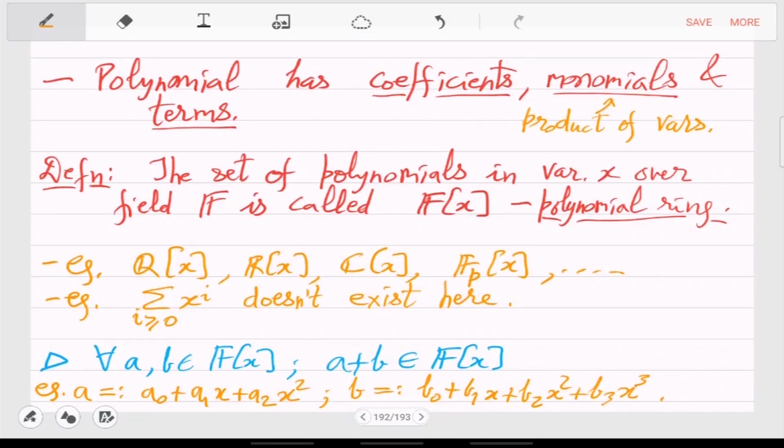They are constants. You can think of them as just numbers 1, 2, 3, or minus 1, minus 2, minus 3. Or you can also use 1 by 2, 1 by 3 if you are in rationals.